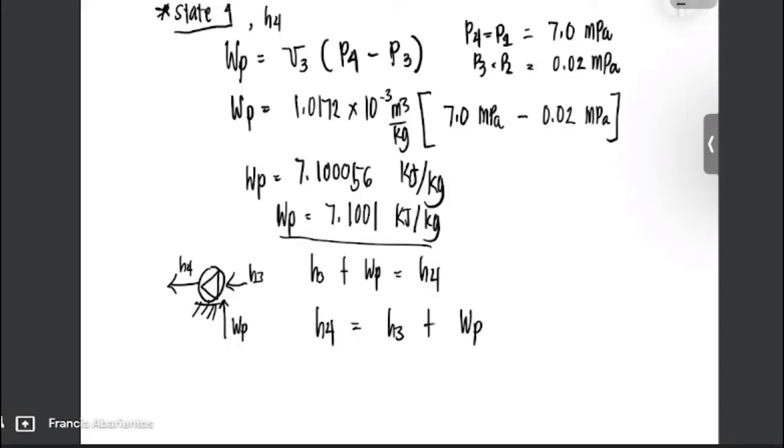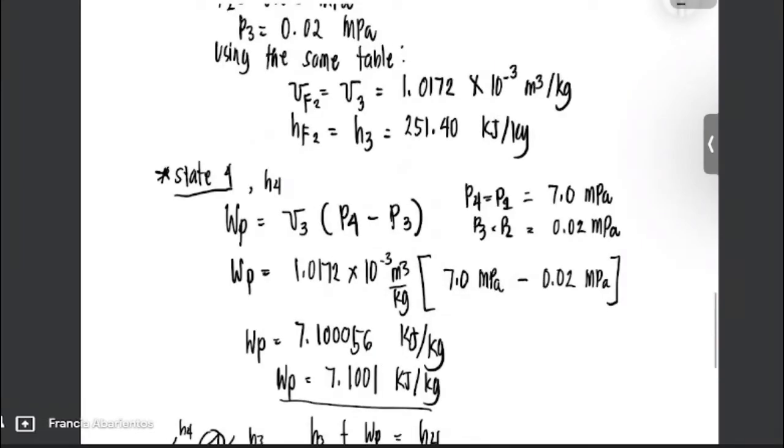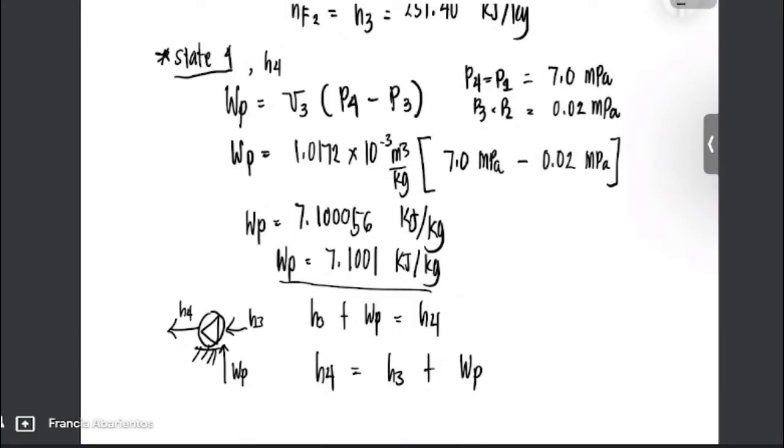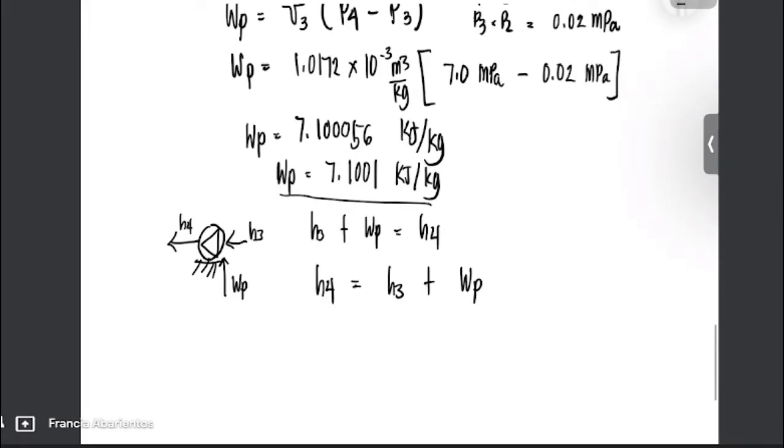Sige nga. Ano nga yung H3 natin? We have now the H3. In computing for the H3, 251.4. Thank you. So, H4, we have 251.4 kilojoule plus work of the pump.